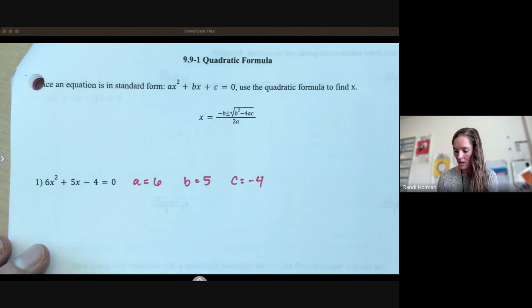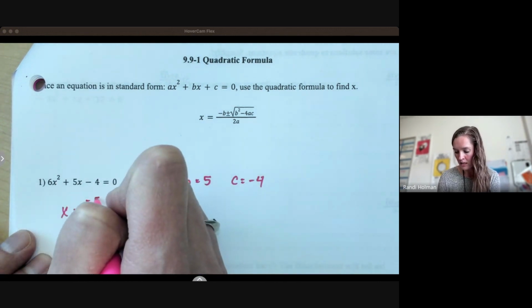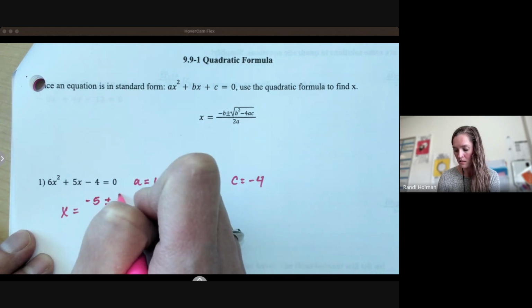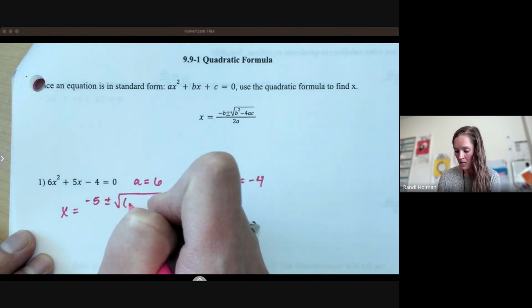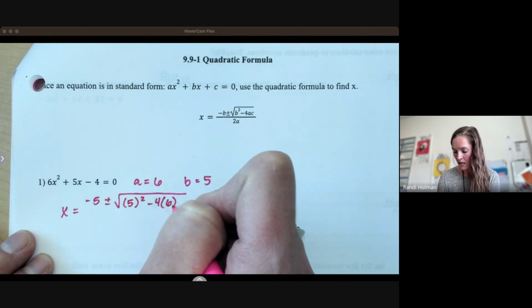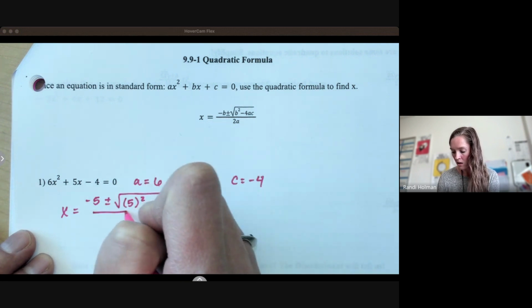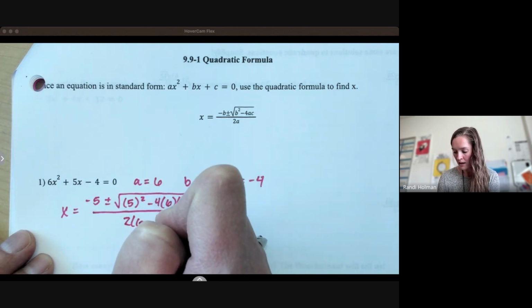They're really important. Then we're just plugging them in. So x is equal to negative b plus or minus the square root of b squared minus 4 times a times c, oops, that's a 4, all over 2a.